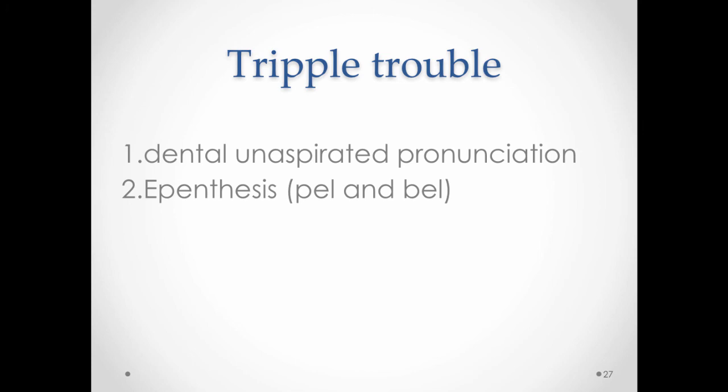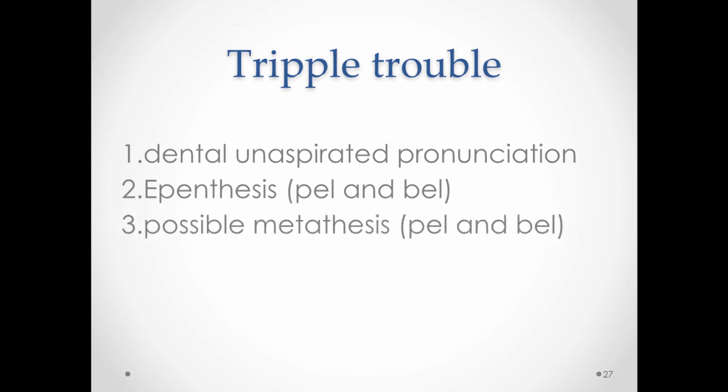The epenthesis is defined as adding an extra sound to make it easy. In this case, you could expect that a student would say triple trouble. So you could see there's an added vowel, an added sound there in triple.